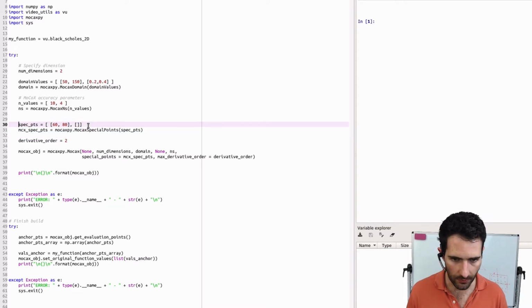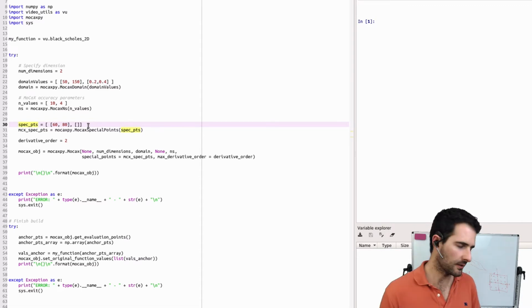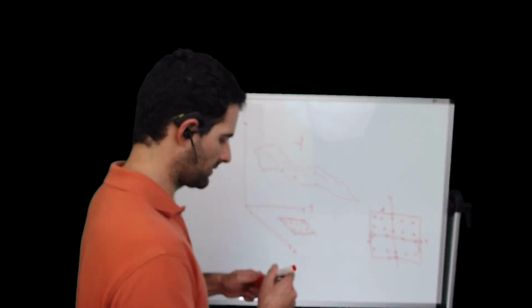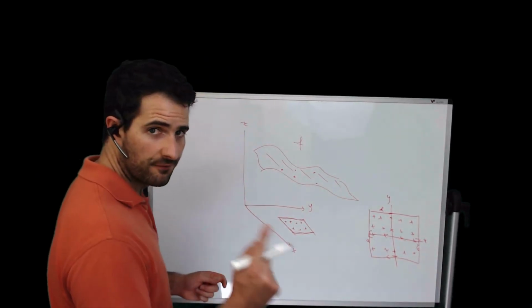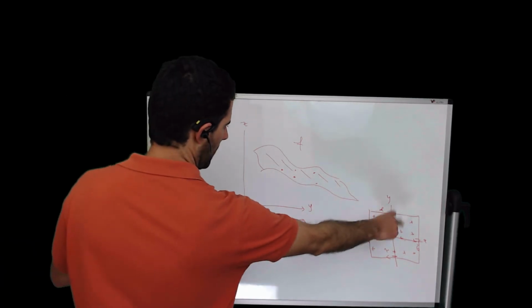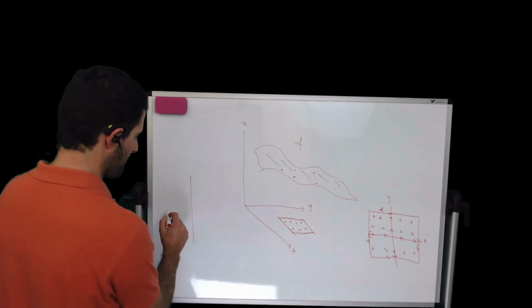And the way that we do it is by considering a list of lists. So this is going to be very important. The list is going to contain, in its first entry, all the special points of the first variable. So let's say that you've got, again, let's take a copy of that, of the domain.